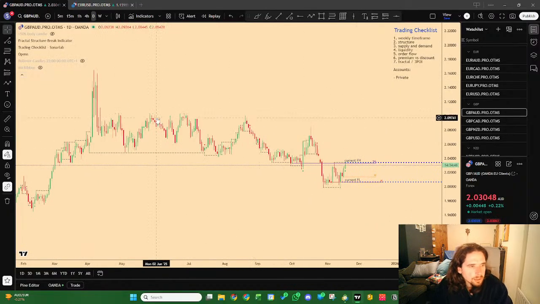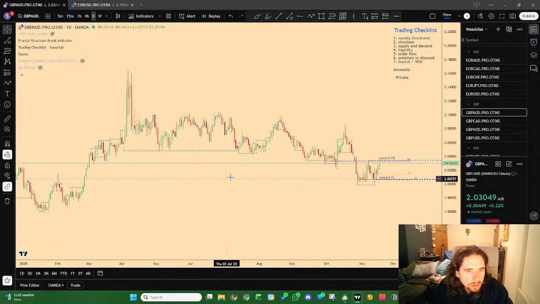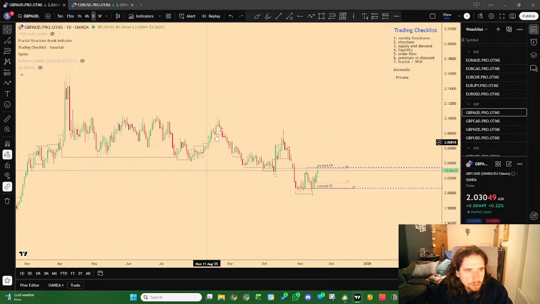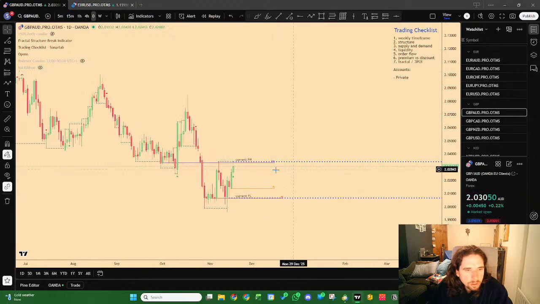And by seeing that, I would say we've got a high, lower high, lower low, lower high, lower low. So we're in that retracement area. So it could be seen that we expect this high is now a strong high.